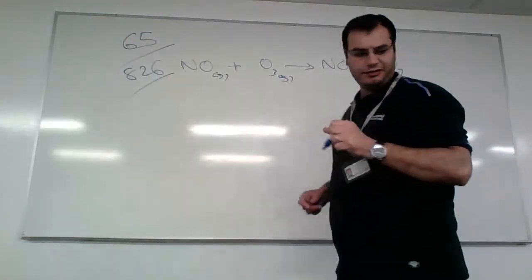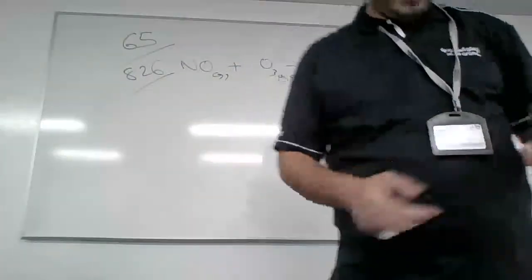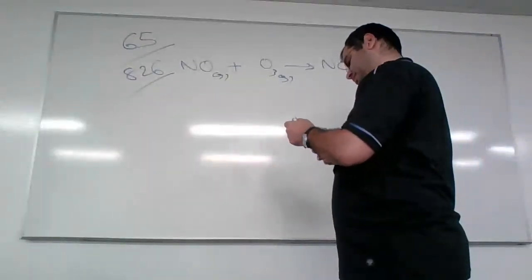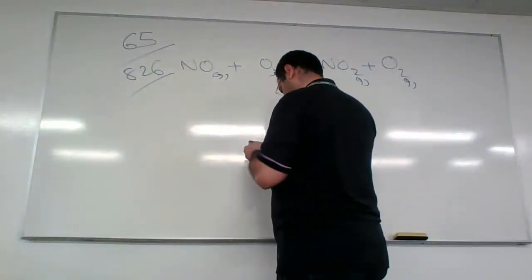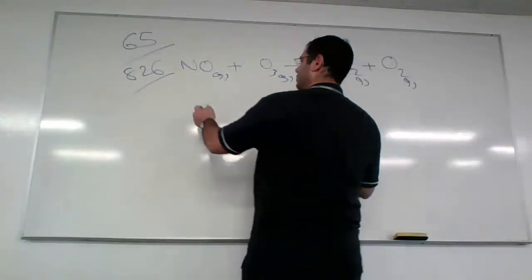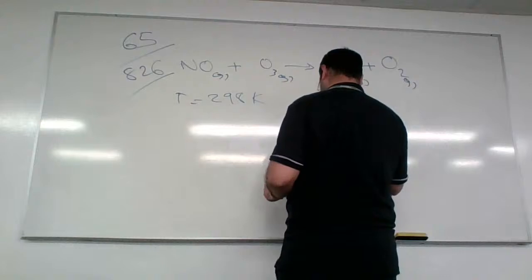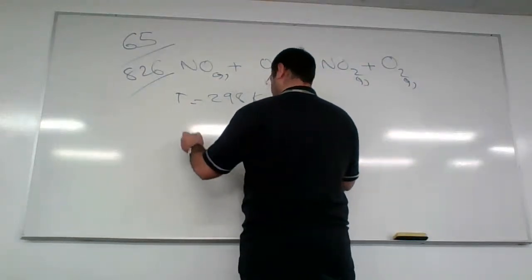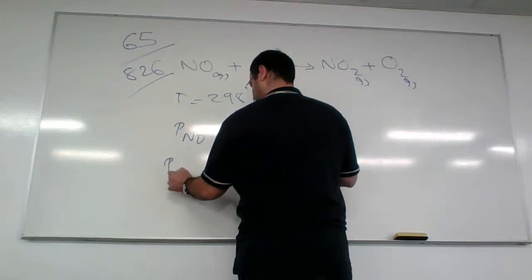But you have the pressure of everything in here. So you have the pressure of what? You have the temperature, 298 Kelvin. And then you have the pressure of NO and the pressure of NO2.